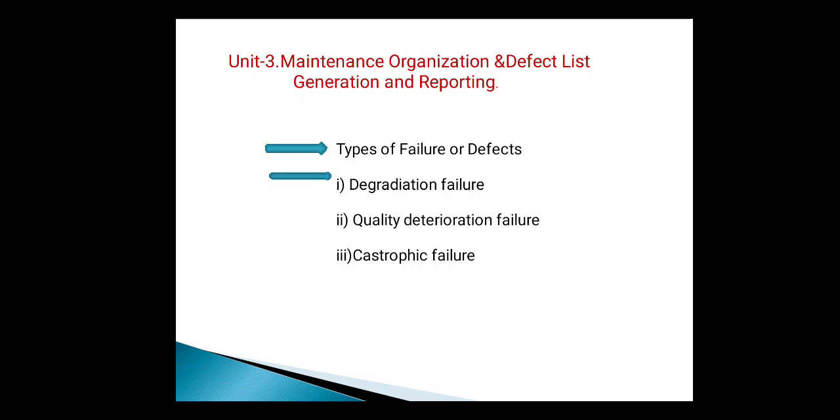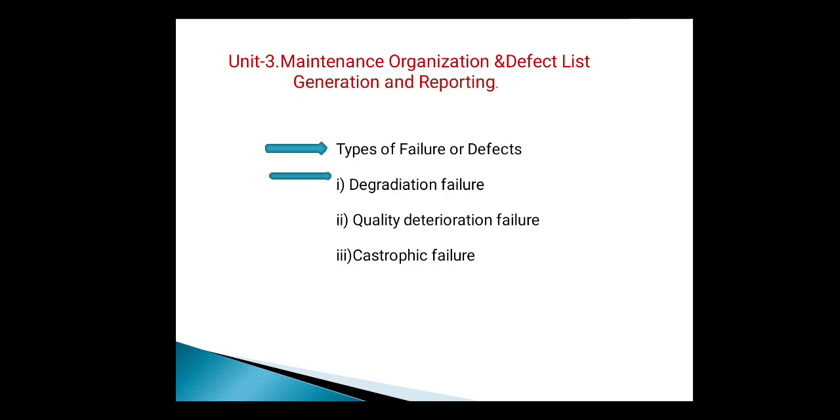Moving to the next point, quality deterioration failures. Equipment gradually deteriorates, meaning it loses its strength because of continuous work, because of a high load kept on the particular components, and as a result it loses its capacity and strength.